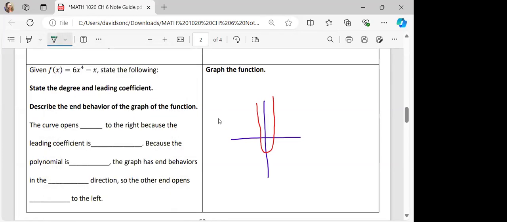All right, so if we look at this, the shape that it looks most like is x to the fourth. So the degree is the highest power. The highest power is going to be a 4. The coefficient, the number in front of x to the fourth, is positive.